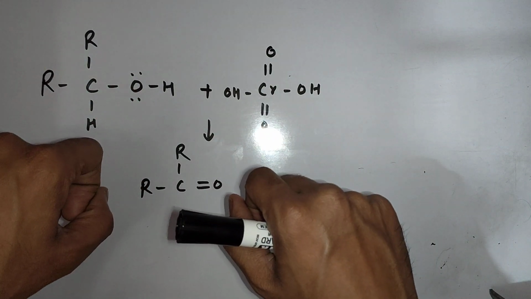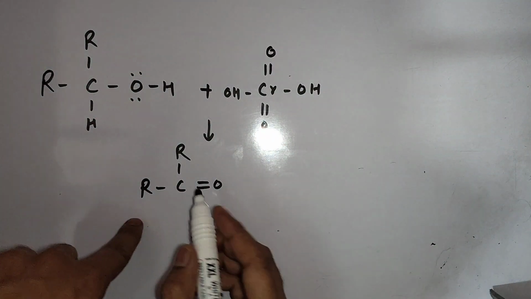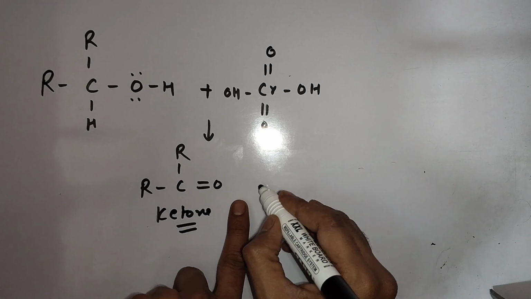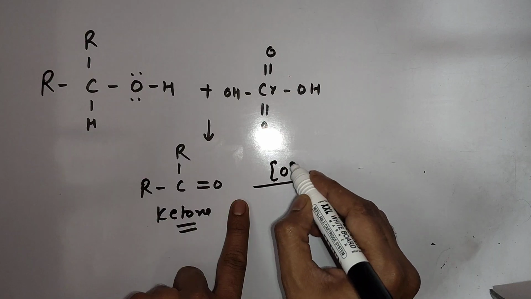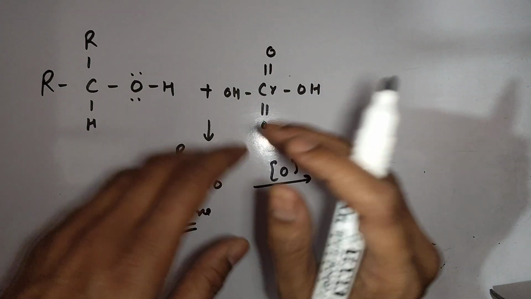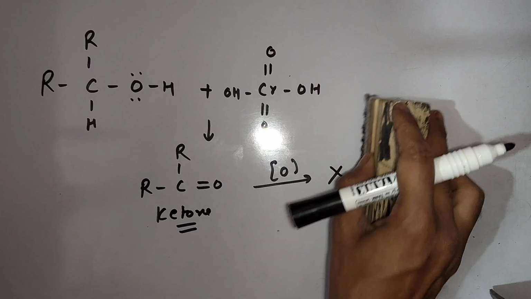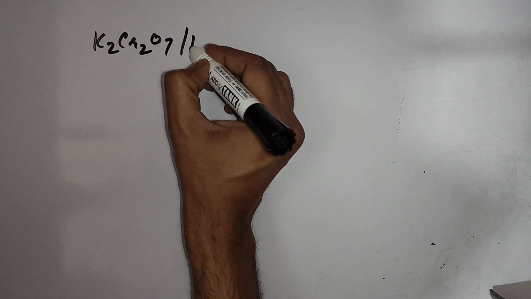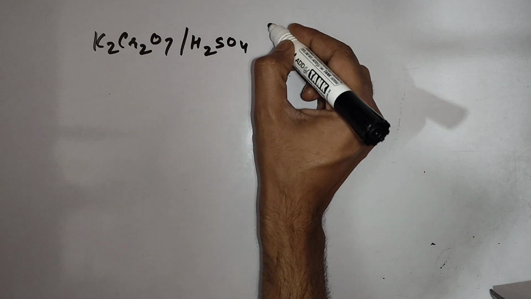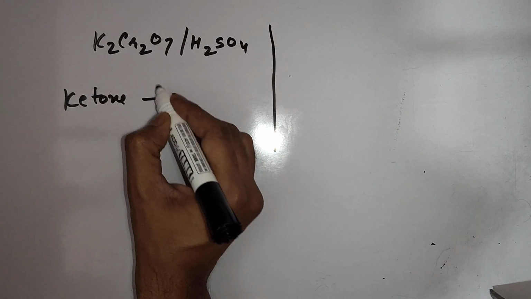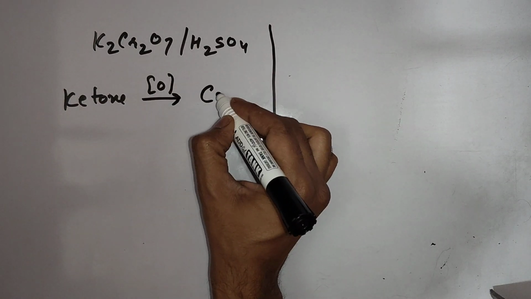Same mechanism it is. Now ketone will generate. Ketone will not oxidize further in Jones reagent. Now this is the point. When I used K2Cr2O7 H2SO4, my ketone was oxidized further to carboxylic acid.